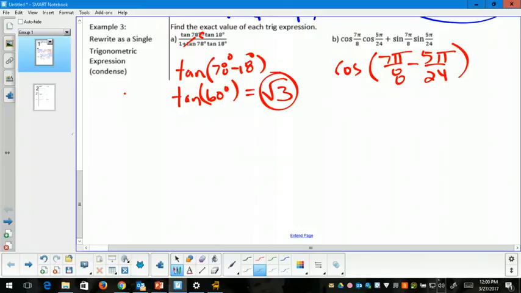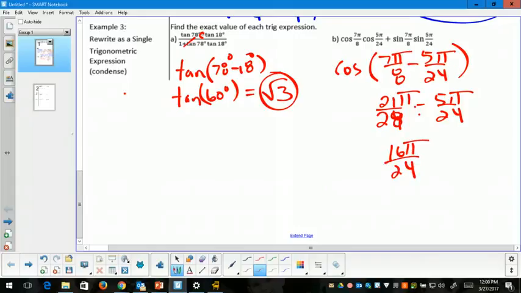I'm going to have to get the same denominator, so I multiply by 3: 21 pi over 24 minus 5 pi over 24, which is 16 pi over 24. 8 goes into both of those, so that's equivalent to 2 pi over 3.